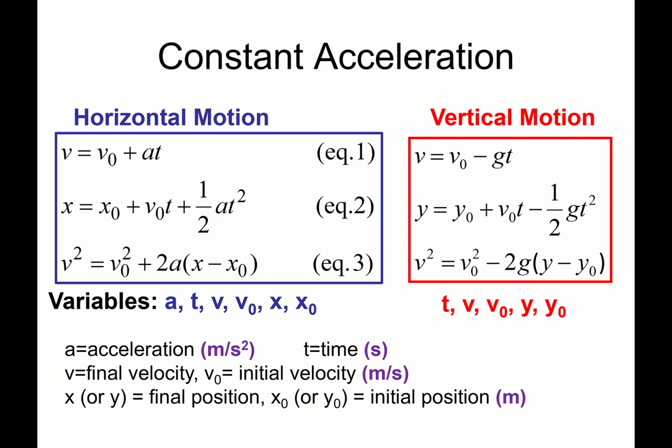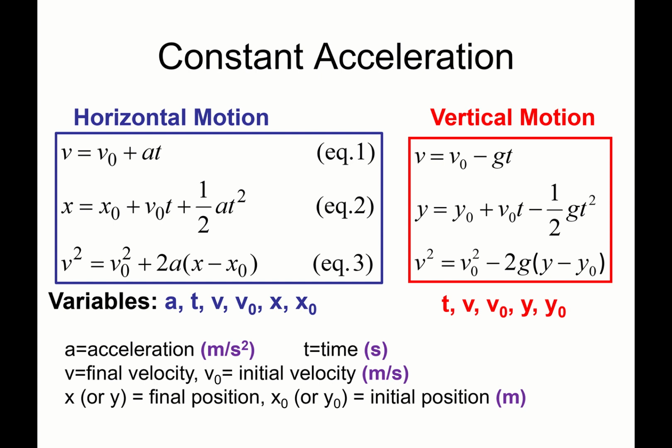And the third equation is that v squared is equal to v0 squared plus 2a times delta x, the change in position. So the variables that you have there are a for the acceleration, t for time, the initial and final velocity, v and v0, and x and x0, the initial and final position.